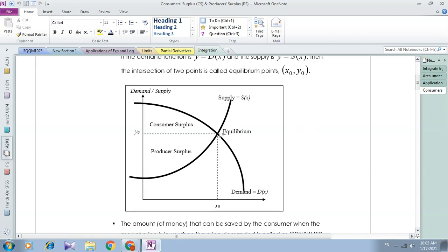The intersecting point is called the equilibrium quantity and price. The x-axis is the quantity, while the values on the y-axis are the price.